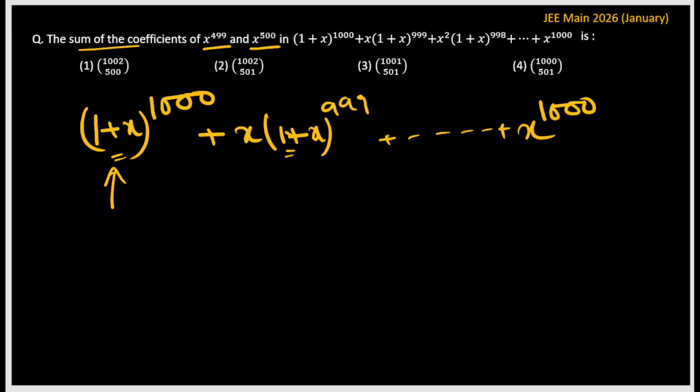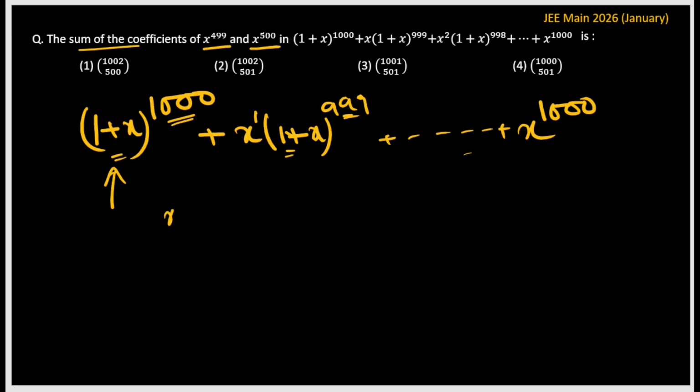If we look carefully at the expression, it is (1 + x)^1000 + x(1 + x)^999 and so on. Here the power of (1 + x) decreases by 1 while x is multiplied each time.